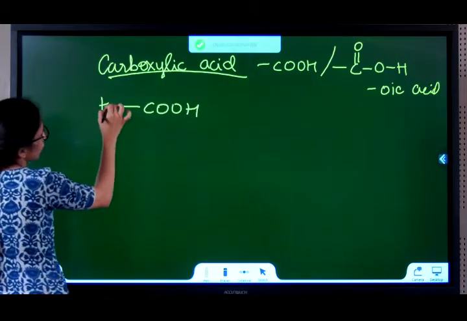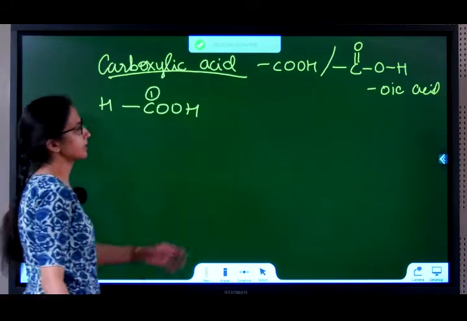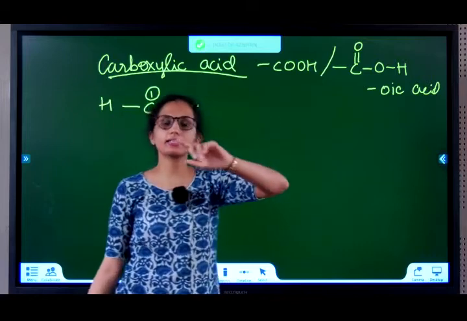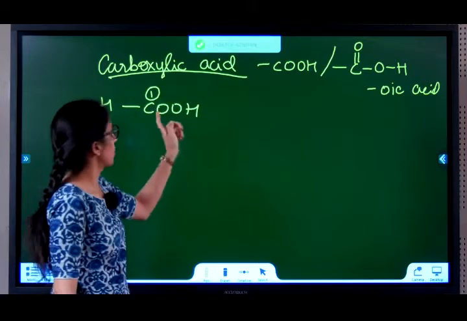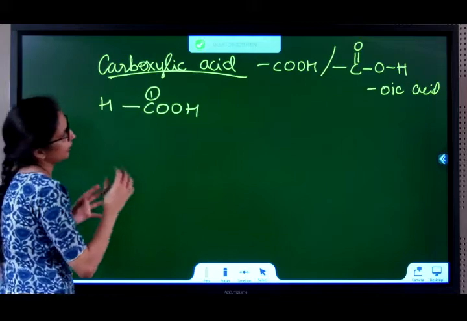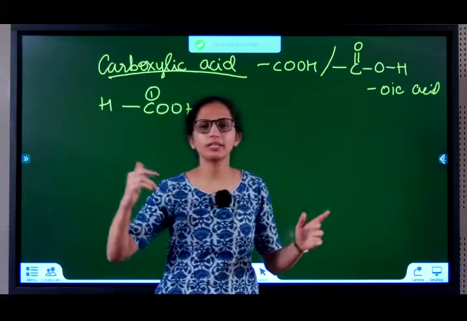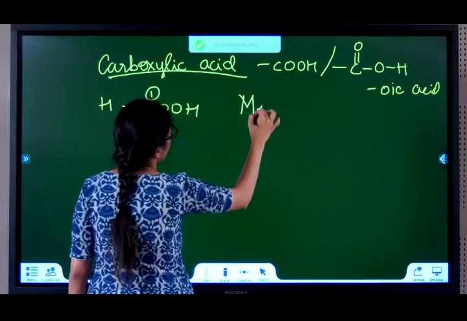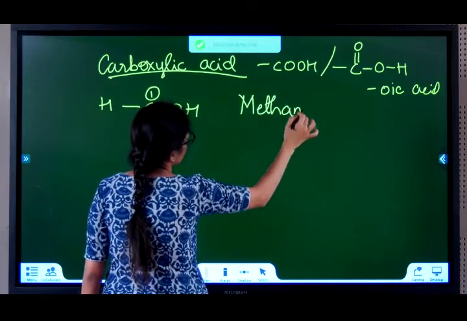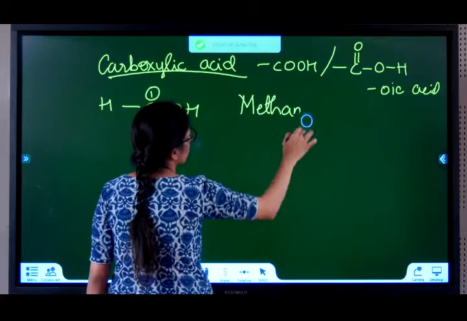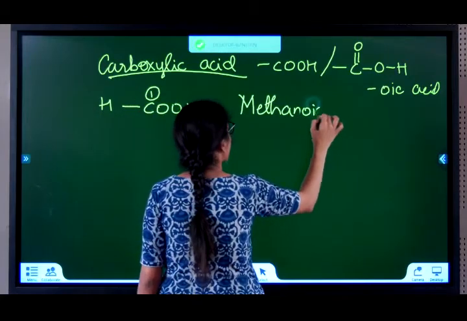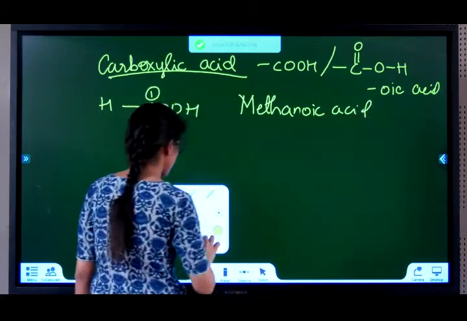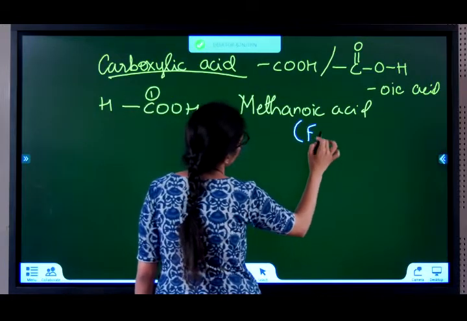COOH, put a H, 1 carbon atom. Since the functional group itself has a C, it's counted as 1 carbon. Always attach aldehydes, carboxylic acids on the end so that they get number 1. So this becomes methane. Remove the E, put oic acid. Methanoic acid. The common name of methanoic acid is formic acid.